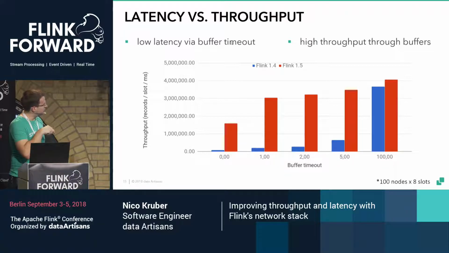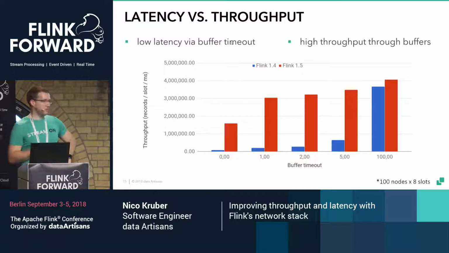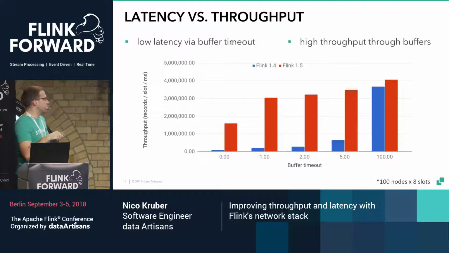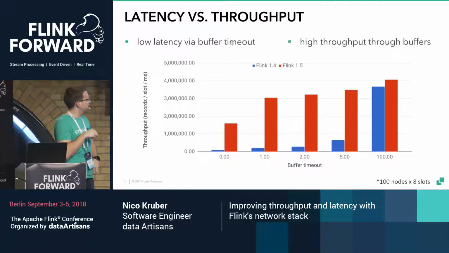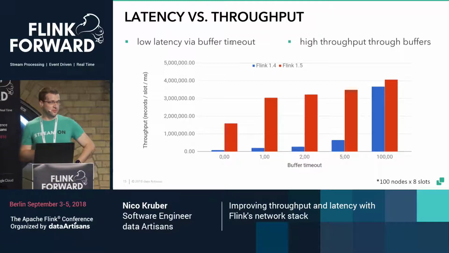This is this side. The buffer timeout of 0 means you always flush with each record. You will get a throughput with Flink 1.4 that is, well, too low to see. With 1.5, you see the improvements already. So we did improve a lot on the latency-throughput trade-off of the buffer timeout. The default before and now is also 100 milliseconds, but you should be able to easily get down to single-digit milliseconds without losing too much throughput.